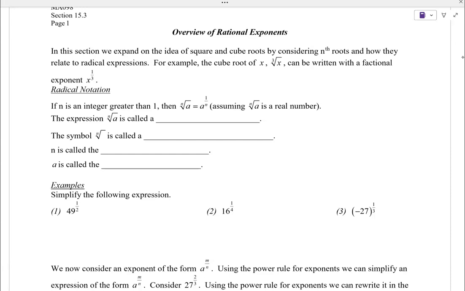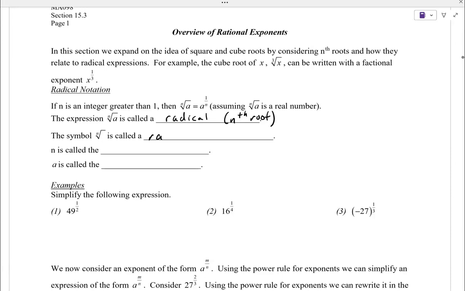So again, it's the same kind of notation that we had last time. The expression that we have here is called a radical, just like it is before any other time. We've already mentioned that before. Or, in this case, we might also say an nth root. We might call it a root as well.